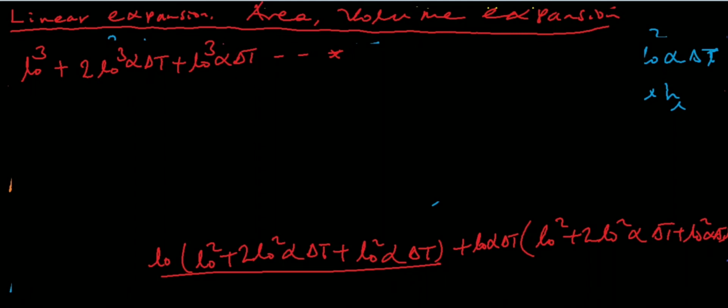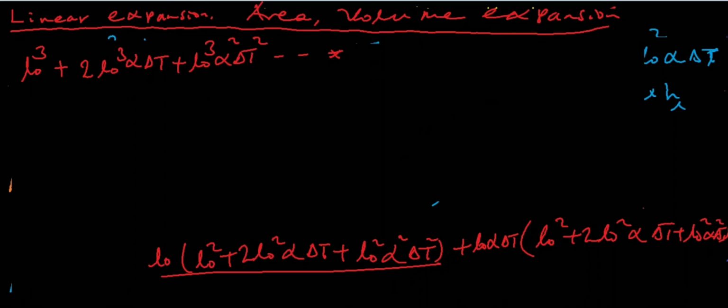This one is, I think, this square. Yeah, there is a square. Therefore L naught plus 2 L naught cube alpha change in temperature, L naught cube alpha square change in T square. This is star 1 because here is a square.